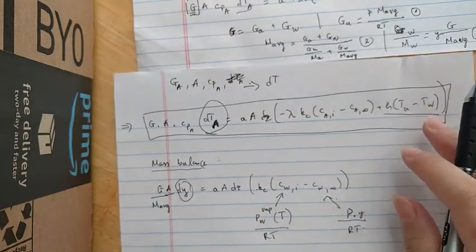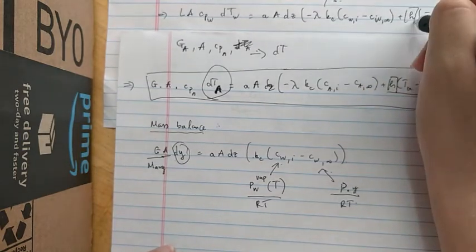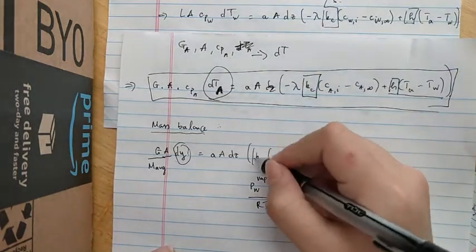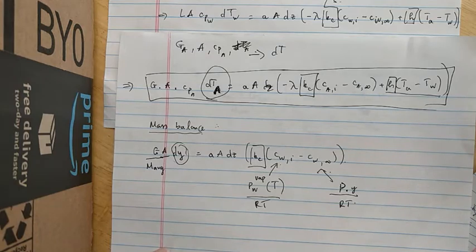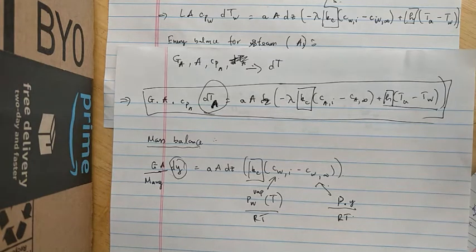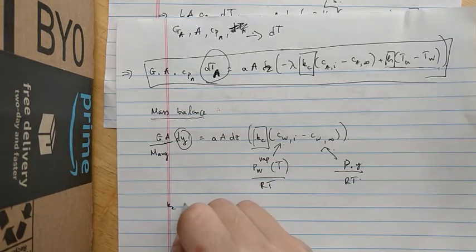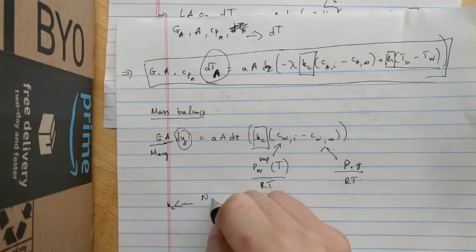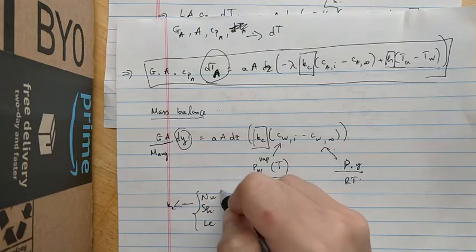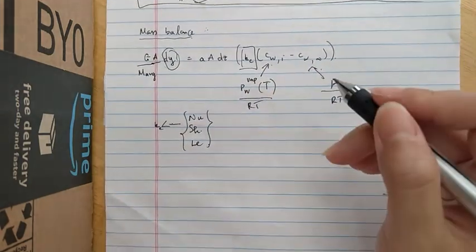But we can see here that we know H, but we don't know Kc, and it appears in all 3 equations. To find Kc, it will relate to the Nusselt number, the Sherwood number and the Lewis number.